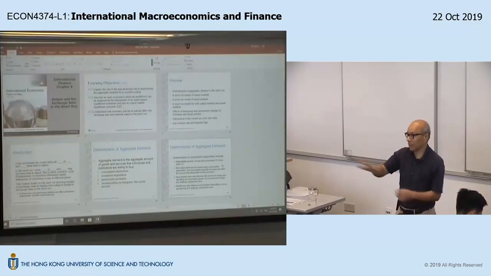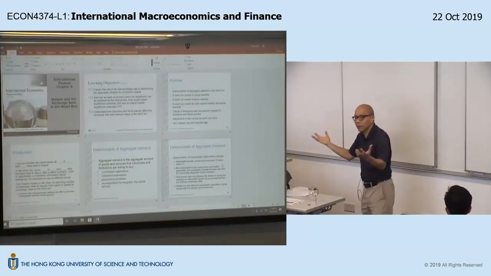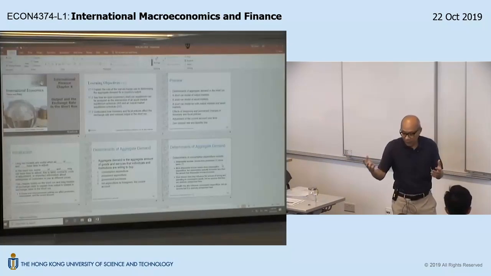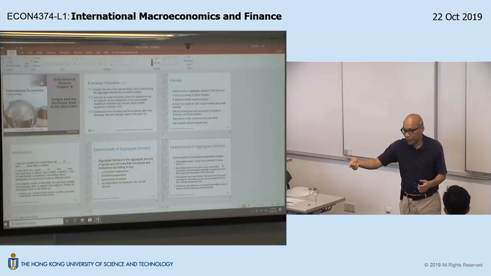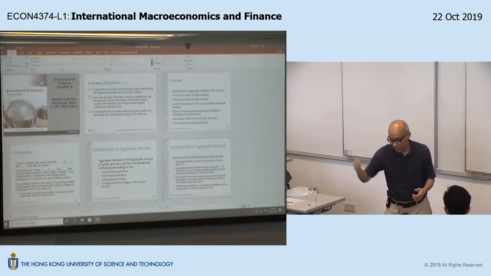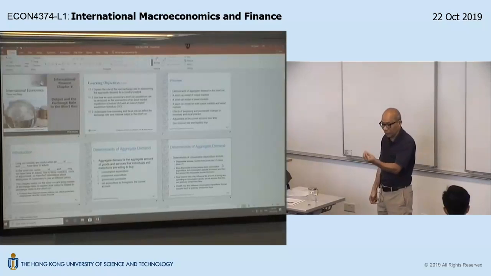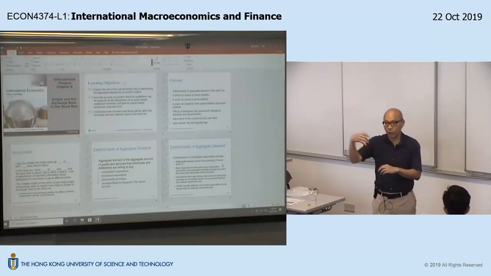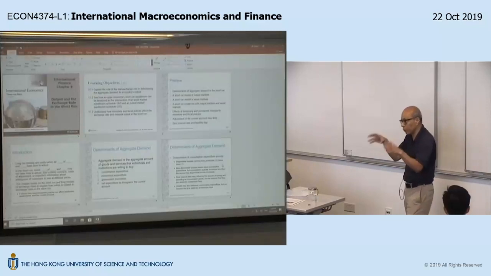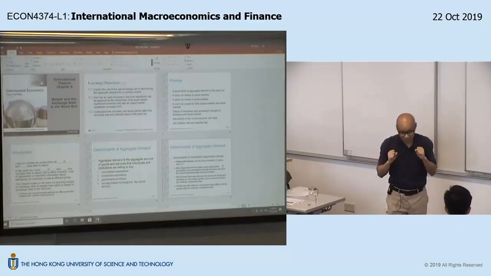These are the most important variables in the macroeconomy. Same thing with open economy macro, we similarly pay attention to what determines output, what determines interest rate, what determines your inflation rate, but one more variable, the exchange rate, is what separates open economy macro from closed economy macro, in that we pay a lot of attention to the exchange rate.